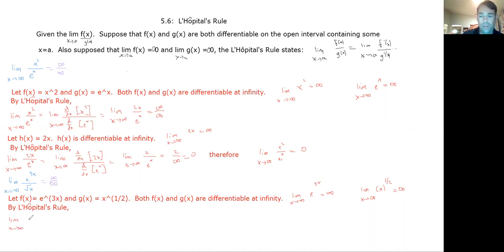So we end up with e to the 3x over x to the 1/2. And now we can use L'Hopital's rule. I can take the derivative of the top and of the bottom.